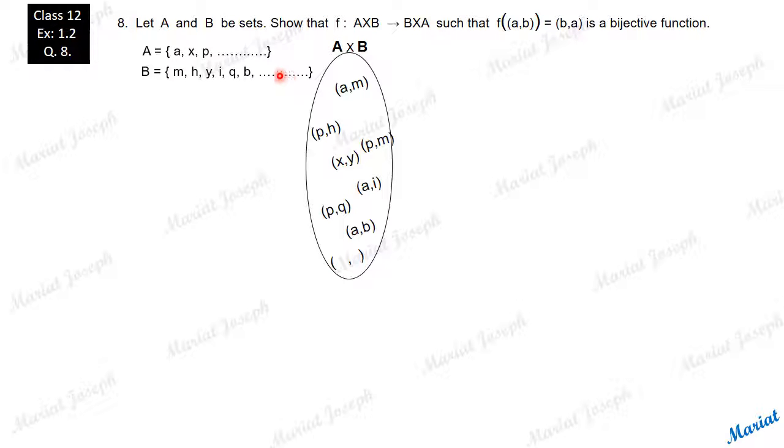Now, if this is set A and this is set B, what would be B cross A? B cross A should be created using these elements only.